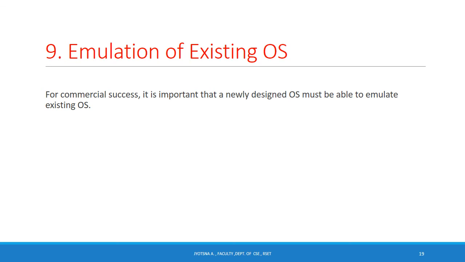So with this, I am winding up today's class. Let's summarize. Distributed system is a collection of independent entities that cooperate to solve a problem that cannot be individually solved, right? And these independent entities communicate by means of message passing over a communication network.